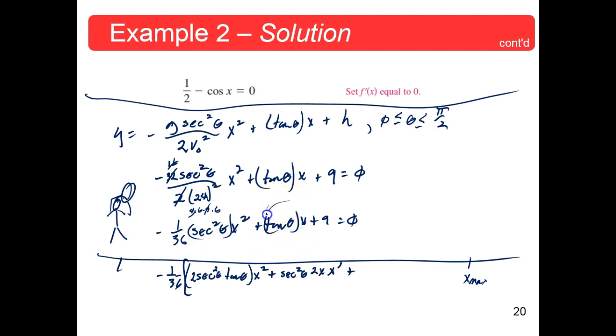For this term, what's its derivative? It'd be secant squared theta times x, plus tangent theta times x prime, because it's the derivative of x, equals 0. Yeah, got that part right.